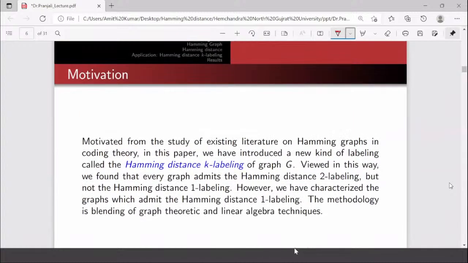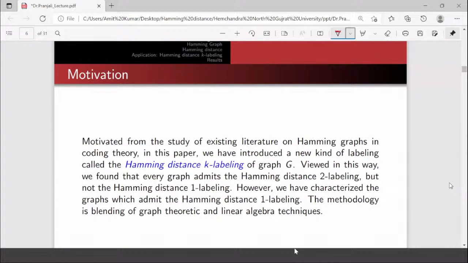So here in this lecture, our focus will be on Hamming distance labeling. But what was the motivation behind the concept? See, there already exists literature on Hamming graphs, and it is very useful in coding theory. So what is our approach?